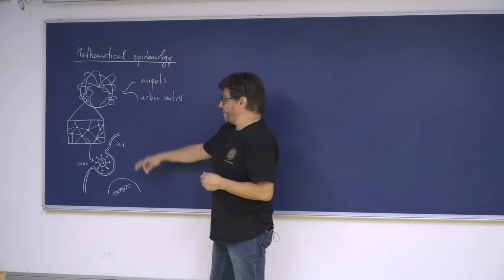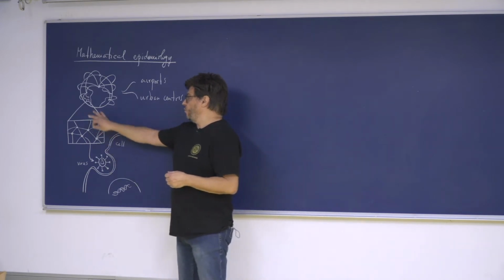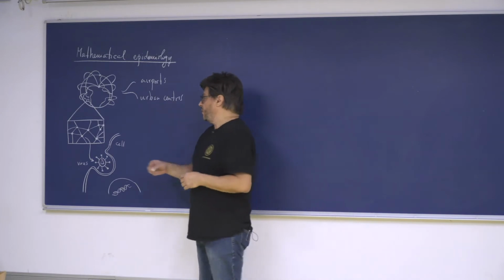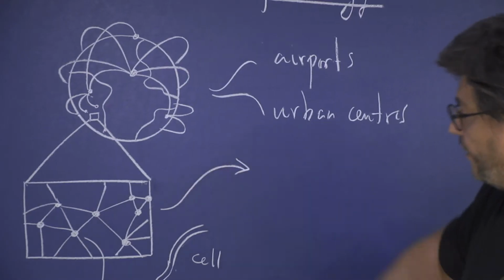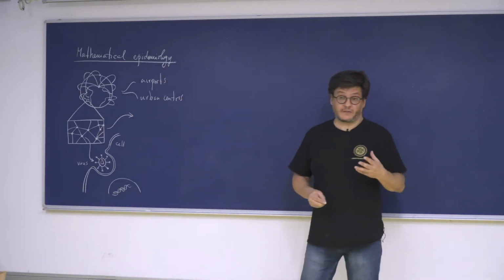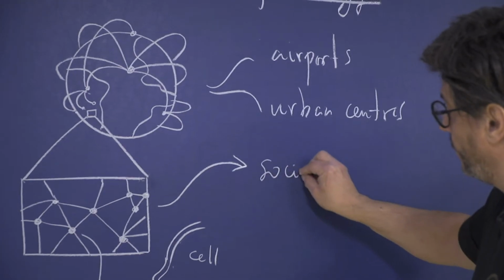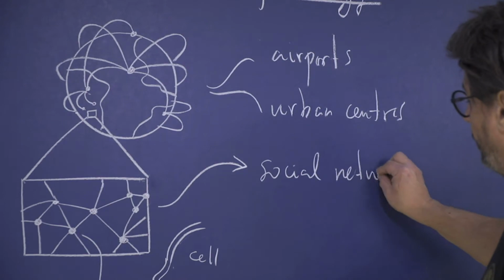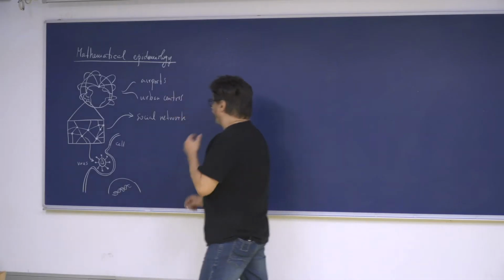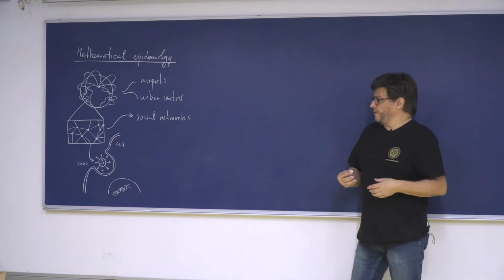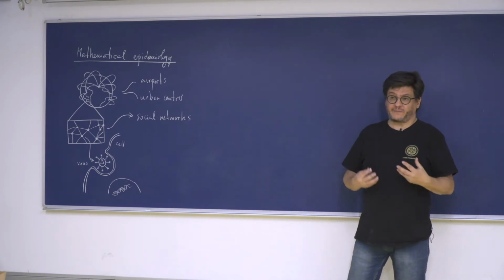There's more scales than the ones I'm presenting here, but if you look at a local scale in these propagation networks, you can also look at the networks that are closer to us, the social networks, okay? Social interaction networks. All right, where these can be dynamical, but also have some static properties, right?